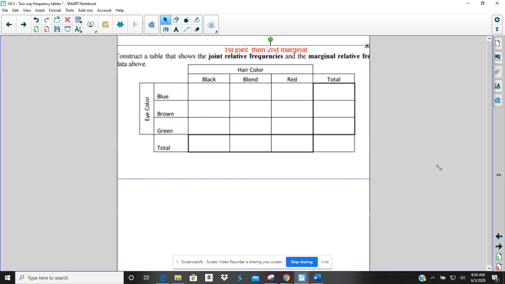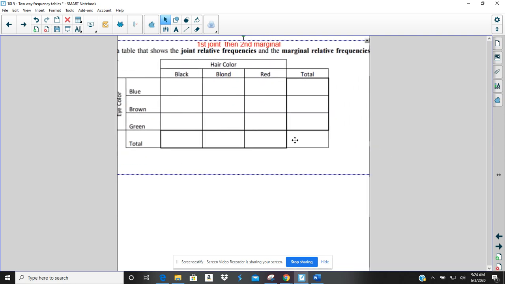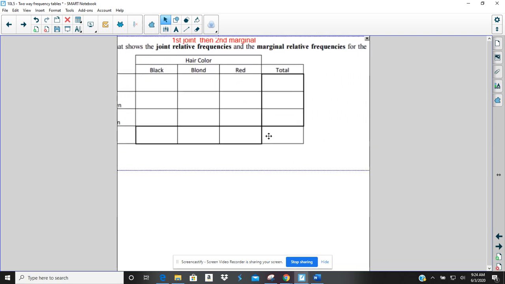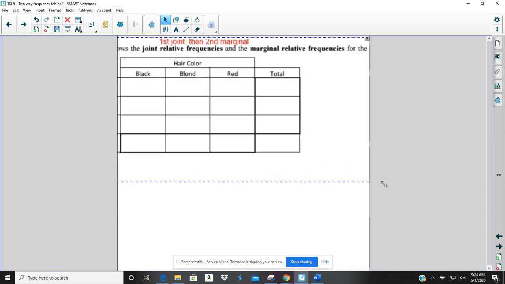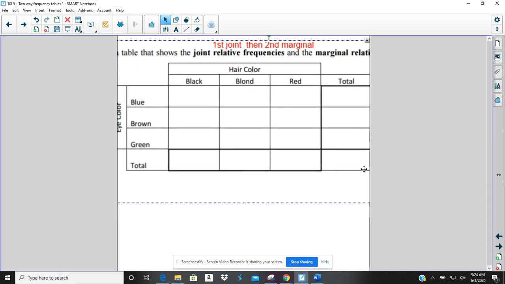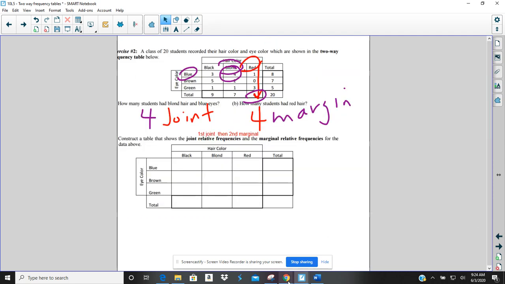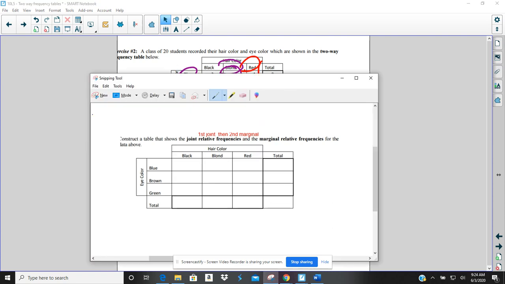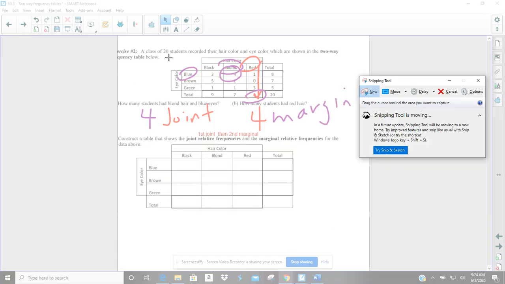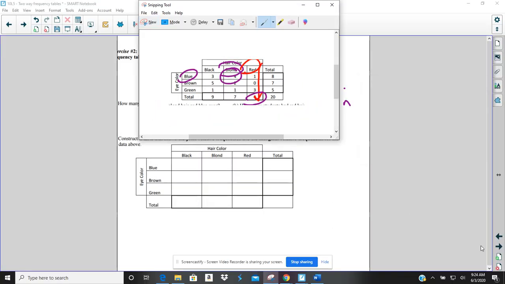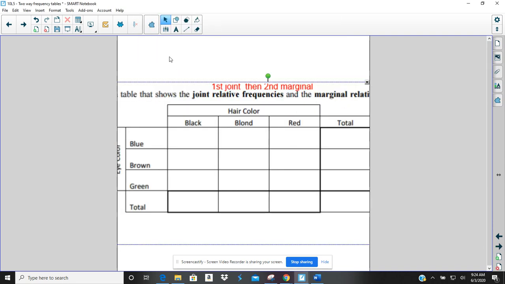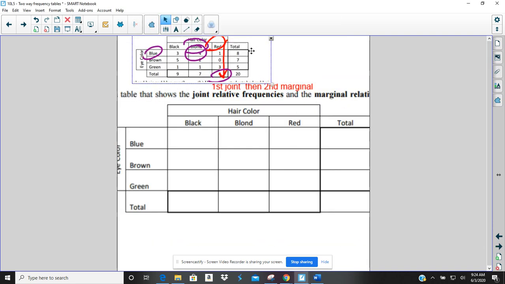Okay, I'll make it just as big as I can. Okay, that's pretty much bigger. But now, of course, I don't know my numbers, so give me 1 second so you guys can follow along. I'm just going to go through it with you real quick and get it over. Okay, there we go.